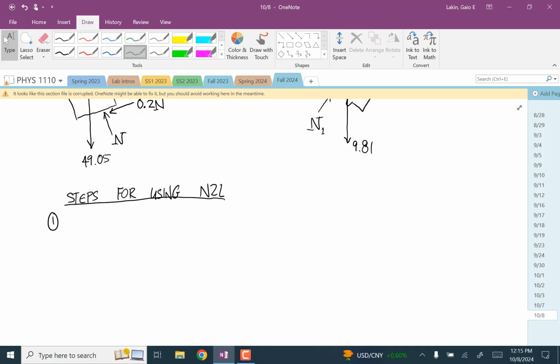Okay, so if you're going to use Newton's second law, the first thing you always have to do is draw a free body diagram of your chosen object.